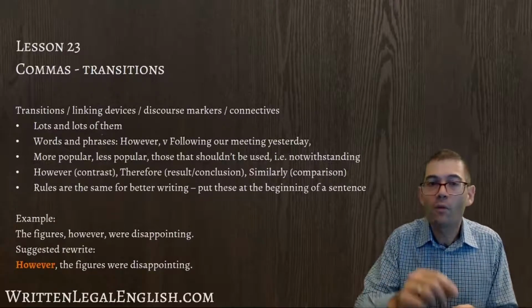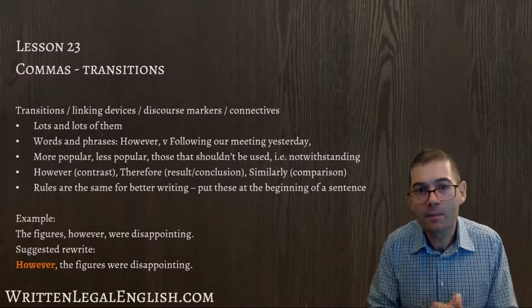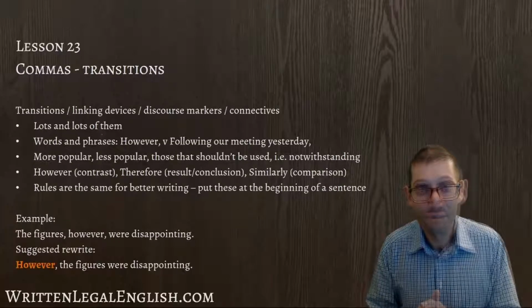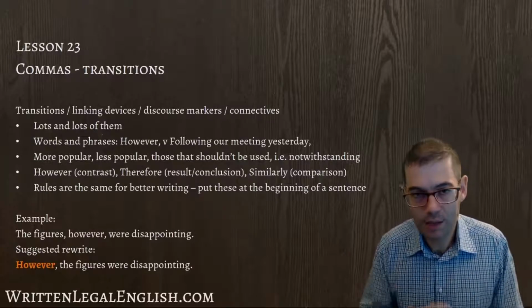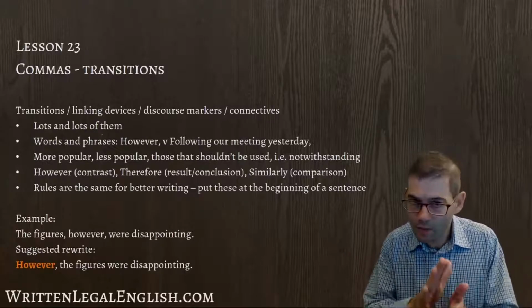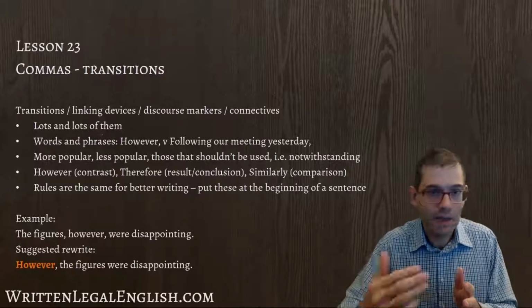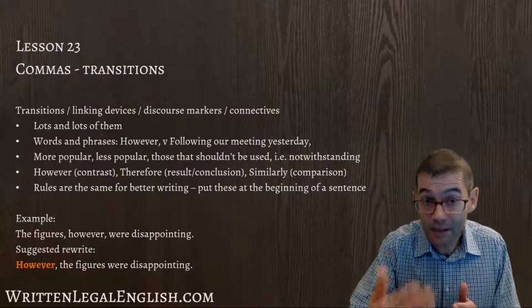But one way we can make our writing easier to understand is if we become a little bit more disciplined with how we use these linkers. So the idea is quite simple. If you're going to use a linker, and I'm pretty sure if you think about your writing, you'll see that you will use the same linkers time and time and time again, which means that this issue is easy to identify.